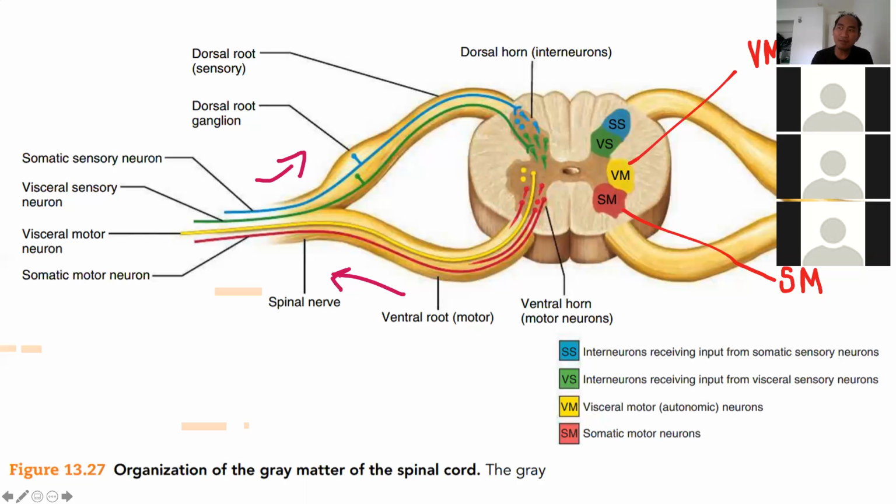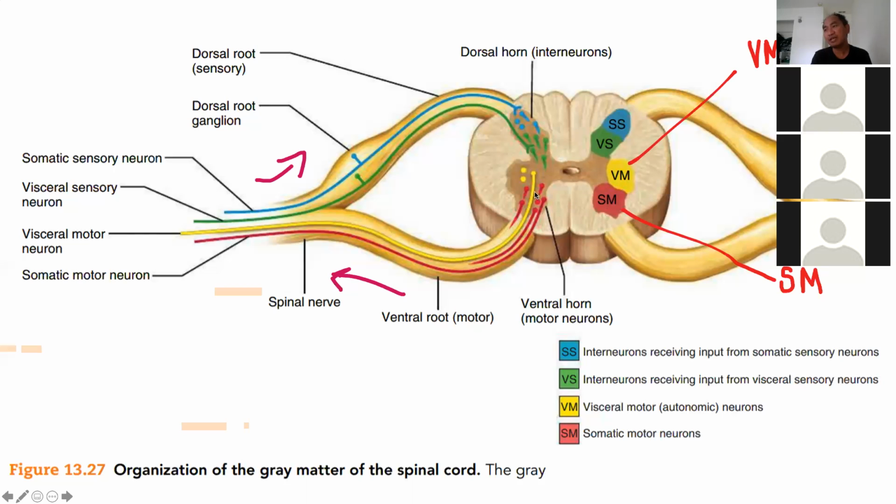As we remember, the somatic sensory portion inside the dorsal posterior horn of the gray matter of the spinal cord is very posterior, and the neurons for the visceral sensory are a bit more anterior in the posterior horn. The same thing with somatic motor neurons, which will be very anterior, and visceral motor is slightly more lateral.